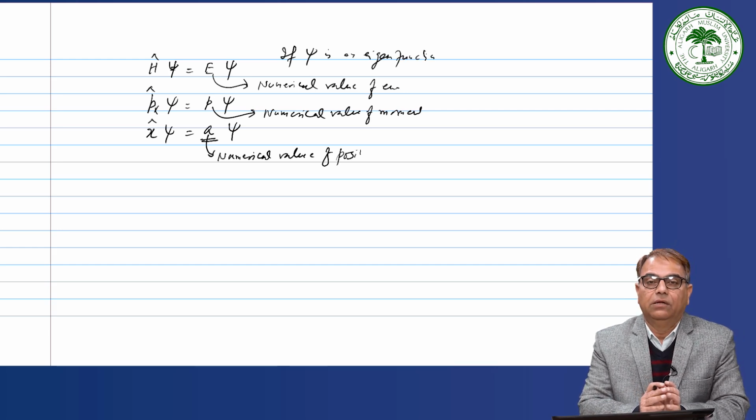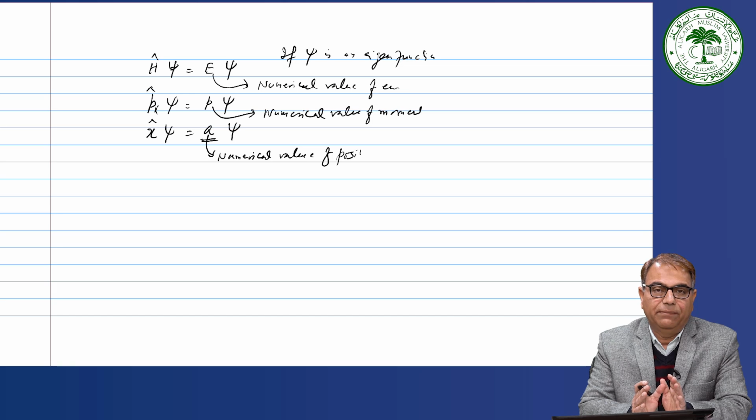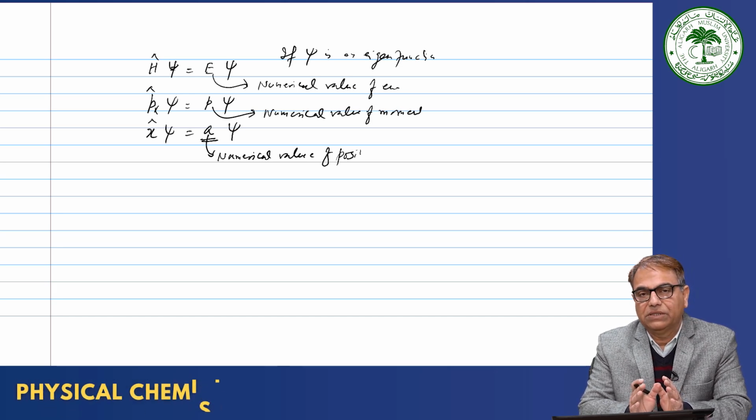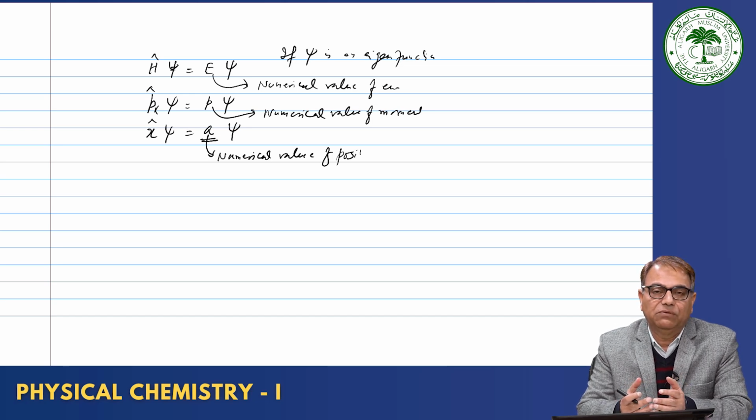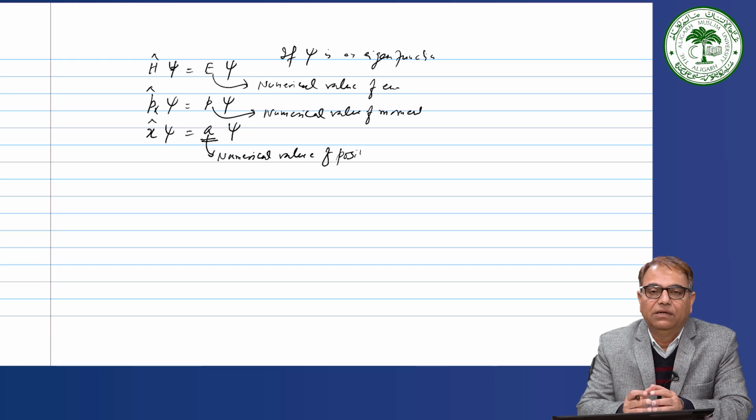Okay. So, in quantum mechanics, I said that the basic idea is to find out the wave function for a particular system, and once you find out the wave function, in order to ensure that the particle is within the boundary, you normalize it. I talked about the normalization procedure also. Then the next task is finding out the physical variables of the system: what is its position, what is its velocity, what is its momentum, what is its energy, everything you want to find out.